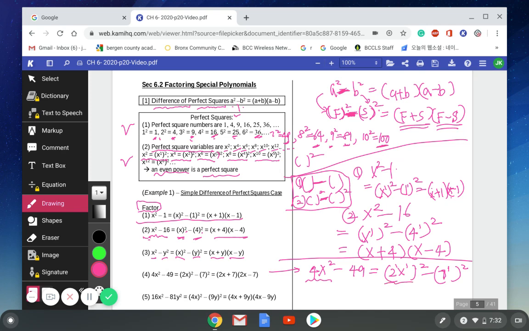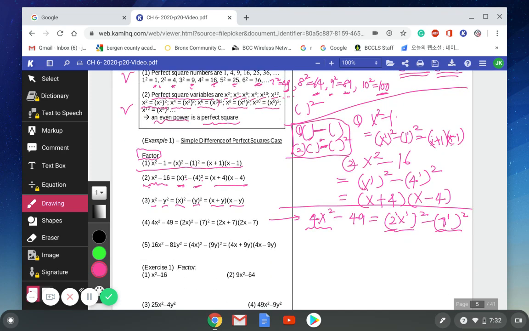Yes, we are able to successfully translate it into something square minus something square format. So that becomes a product of a plus and a minus of two terms. So 2x plus 7 with a 2x minus 7, like this. Okay.